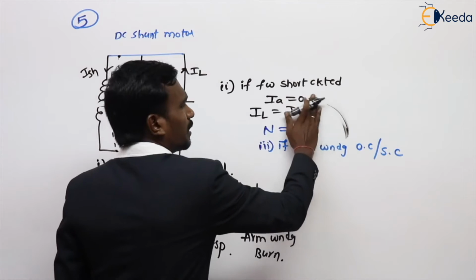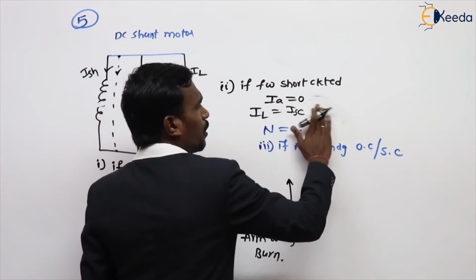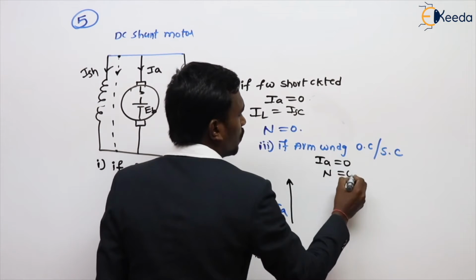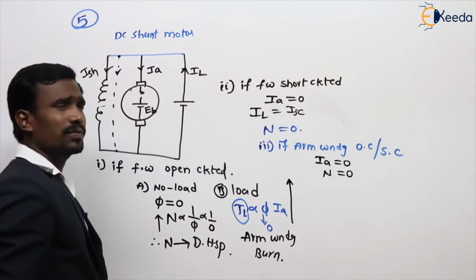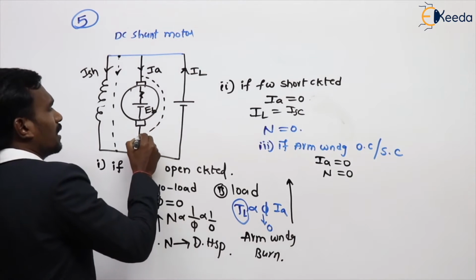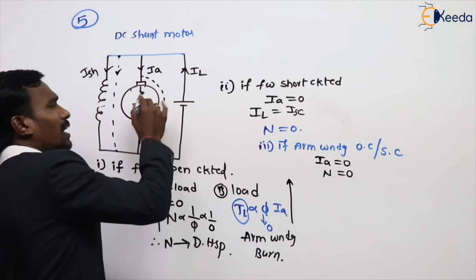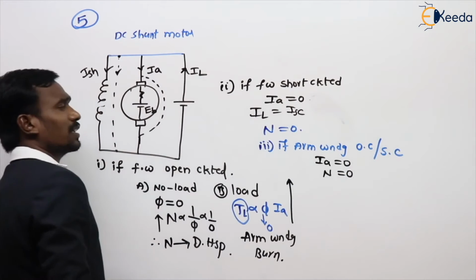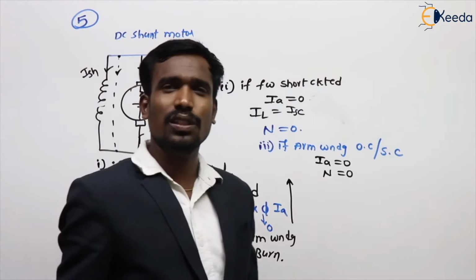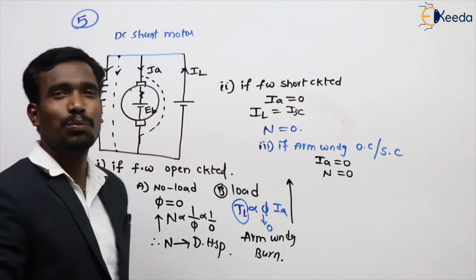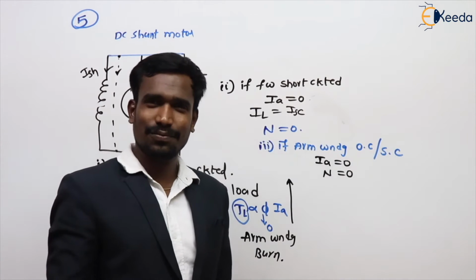If the armature winding is short circuited like this, there is no current into the armature, no armature current, then the speed comes to 0. This is simply the DC shunt motor analysis.